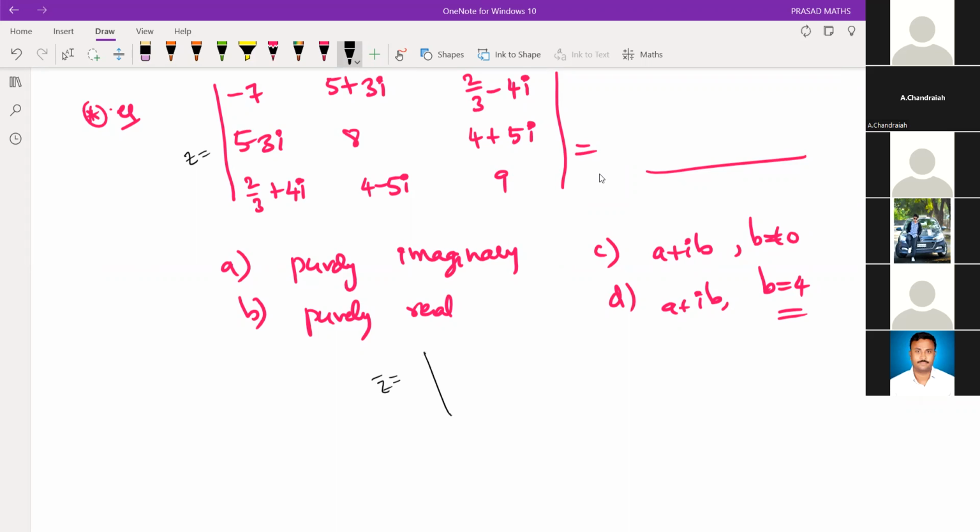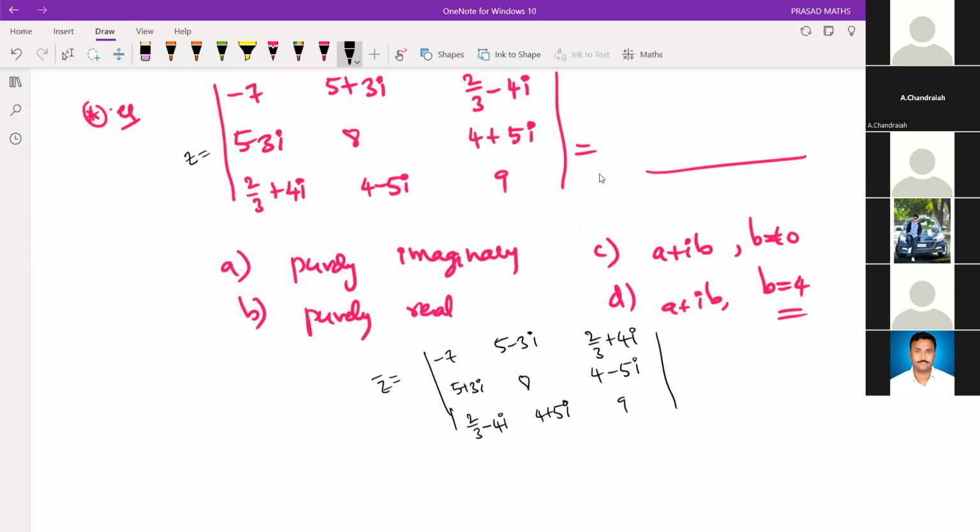What is z bar? -7, 5 - 3i, 2 plus 4i, 5 plus 3i, 8, this is 4 minus 5i, next, 2 by 3 minus 4i, 4 plus 5i, 9. Now, can you guess? Can you conclude anything?